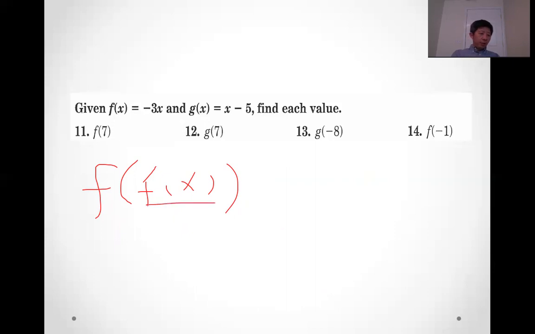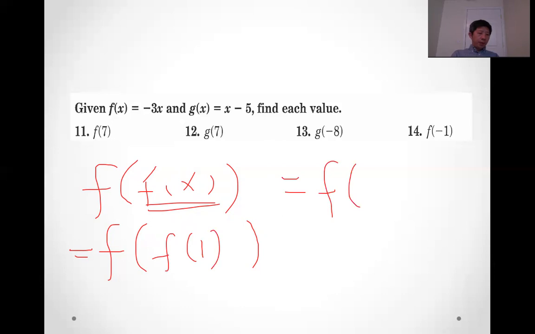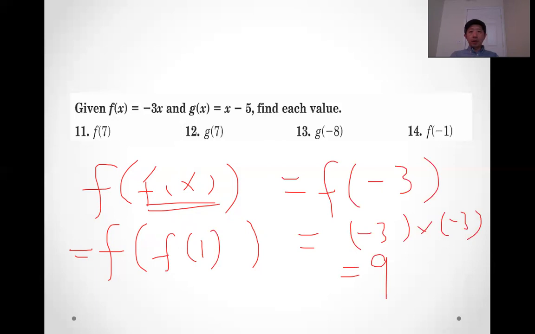So we are going to figure this out. Let's say we have 1 there, and we put it into the function machine, which gives negative 3. Now negative 3 put in here, which is negative 3 times negative 3, and which is equal to 9. So the answer is equal to 9. All right.